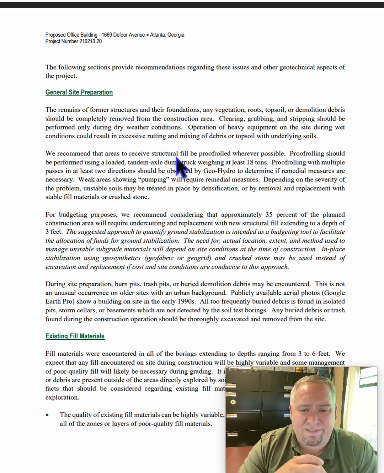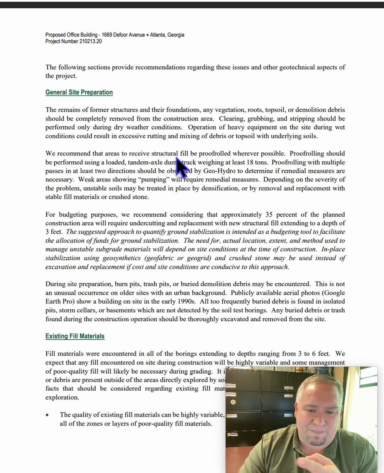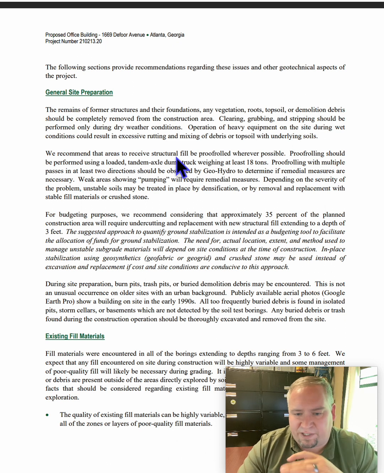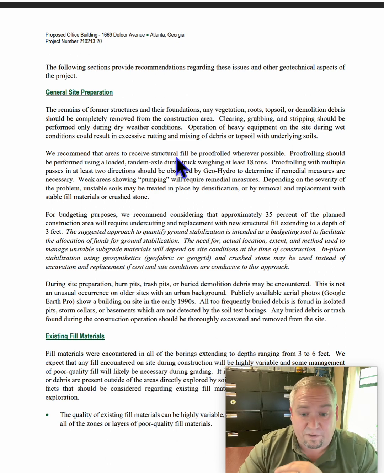If it's in a landscaped area on a hill slope that's going to get some bushes, in between some islands in the parking lot, or behind some curb, they're not worried about this. So anything that's going to receive structural fill or be part of some kind of structural integrity area, they're going to require that.